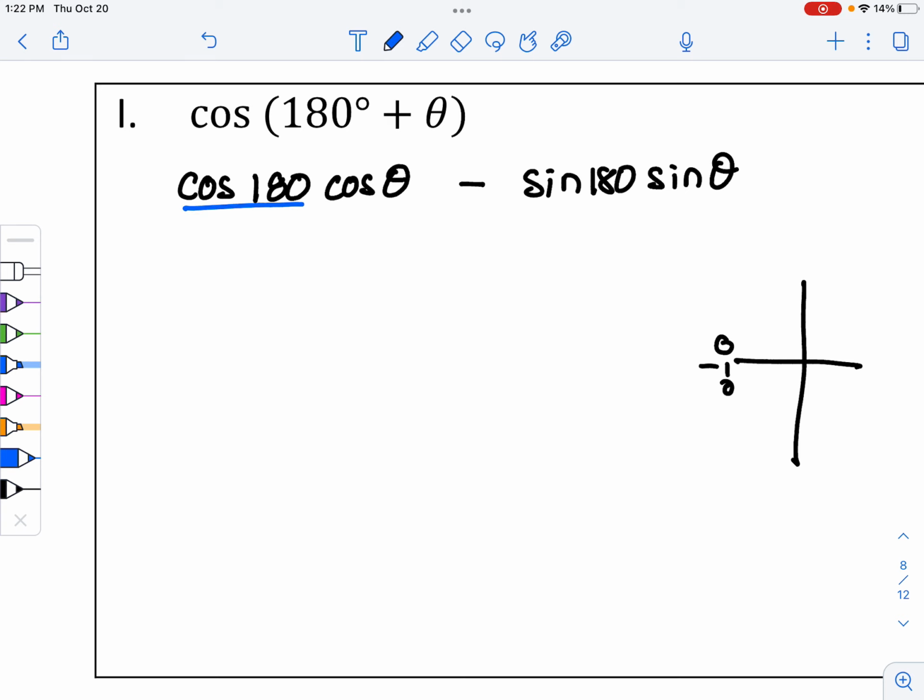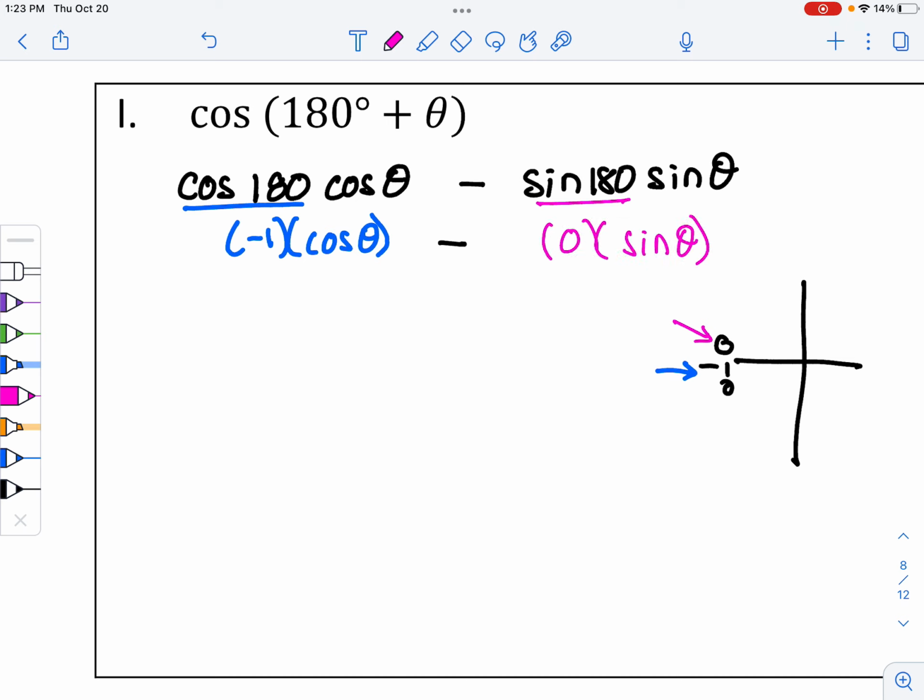The cosine of 180 has a value of -1. That's being multiplied through by the cosine of theta. We are subtracting. The sine of 180 has a value of 0, and I'm multiplying through by the sine of theta. 0 times anything is always 0. So this final answer would be negative times the cosine of theta.